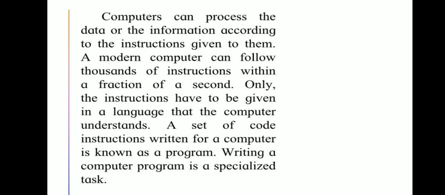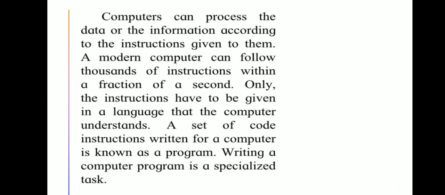Computers can process the data or the information according to the instructions given to them. A modern computer can follow thousands of instructions within a fraction of seconds. Only the instructions have to be given in a language that the computer understands.